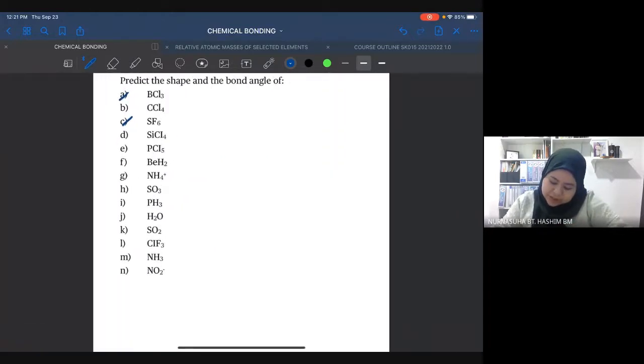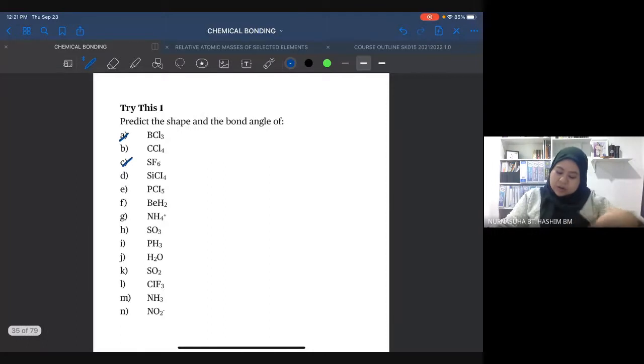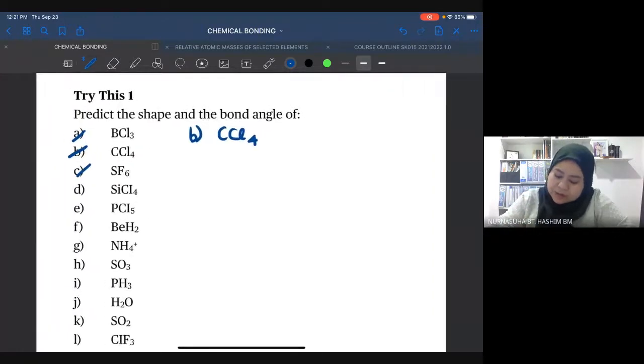BCl3, SF6 kita dah buat. Okay, madam ambil contoh CCl4. Okay, macam mana kita nak predict the shape and the bond angle? Okay, first, macam biasa kita buat dulu dia punya Lewis structure.